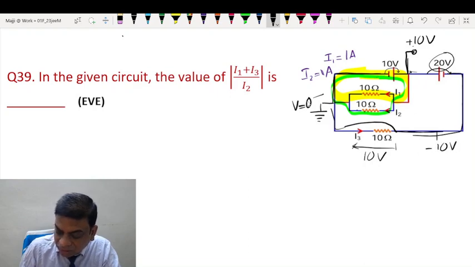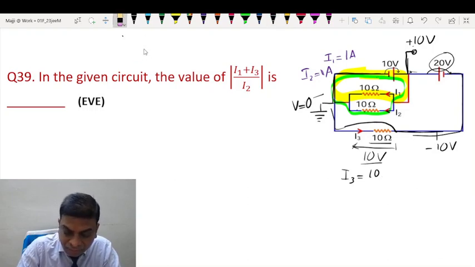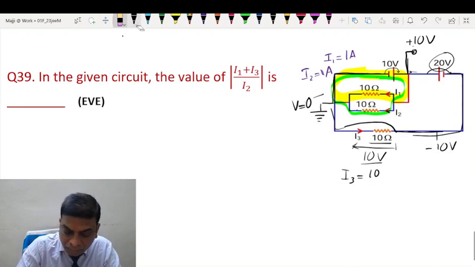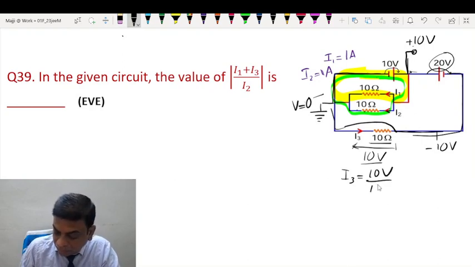So minus 10 plus 10 will make it 0. So there is a potential drop of 10 volt across a 10 ohm resistance. So I3 has to be 10 volt by 10 ohm, which is again 1 ampere. So each of them is 1 ampere.